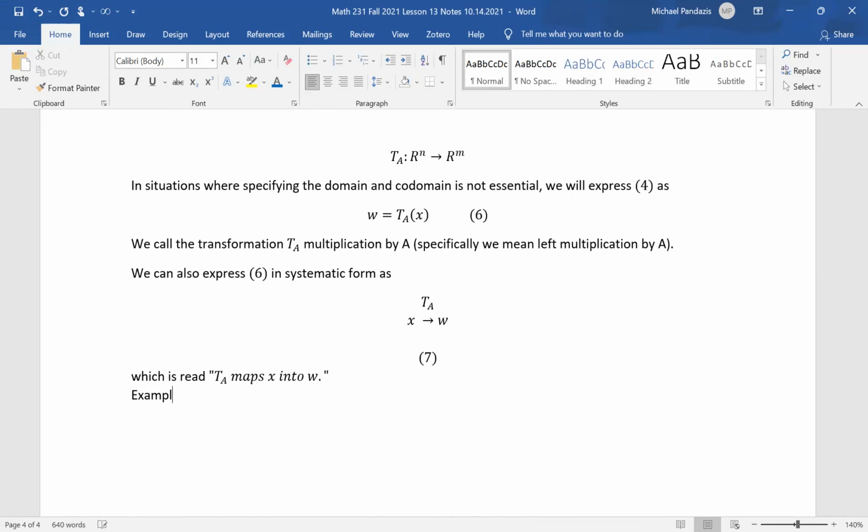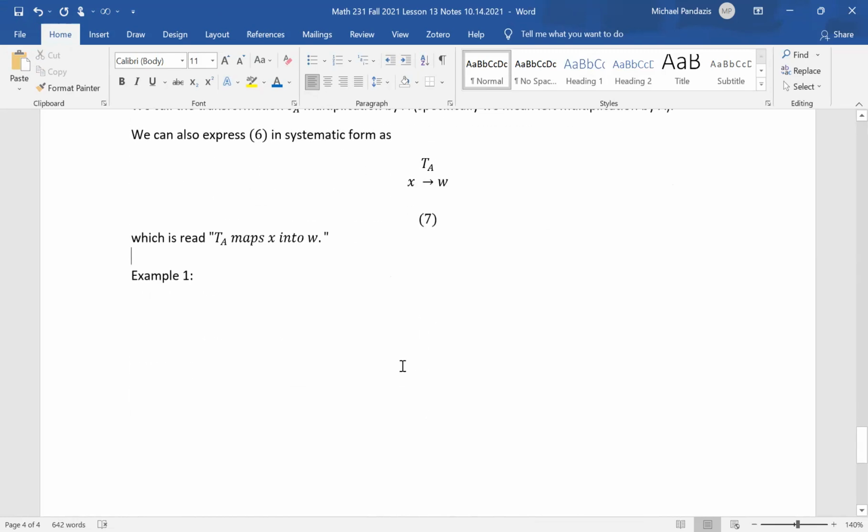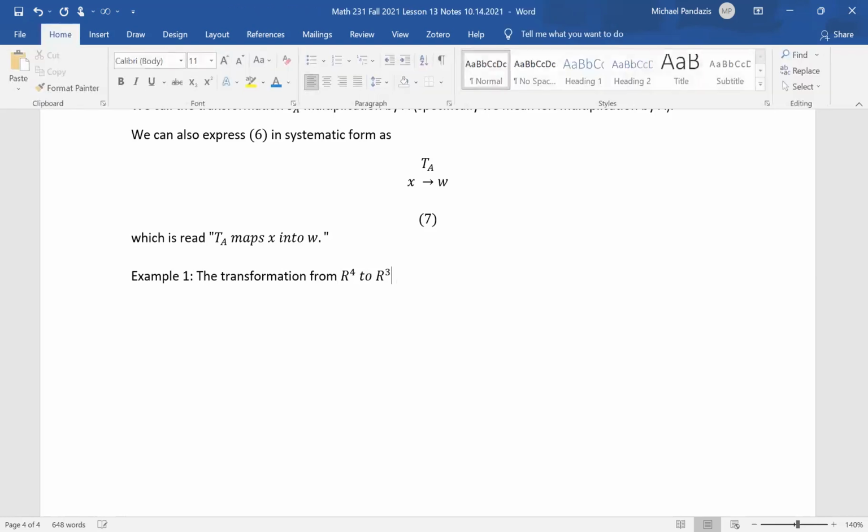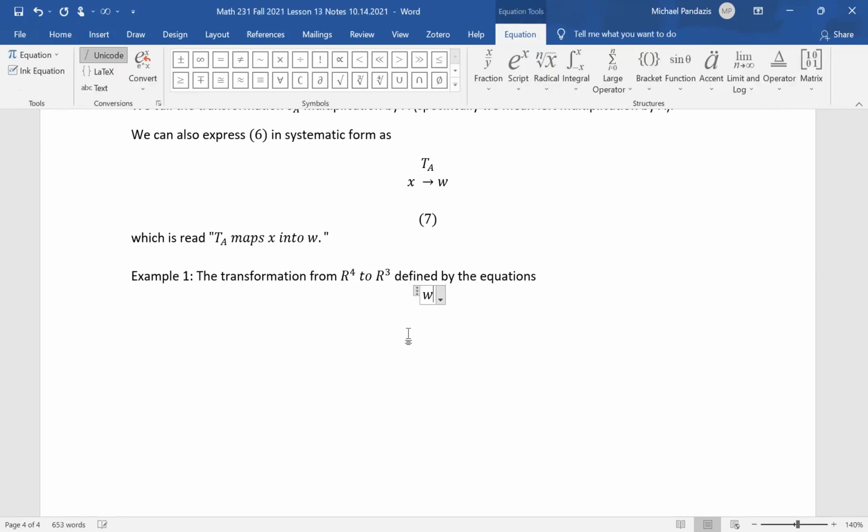Okay, example 1. The transformation from R4 to R3 defined by the equations W1 is equal to 2x1 minus 3x2 minus 5x4.